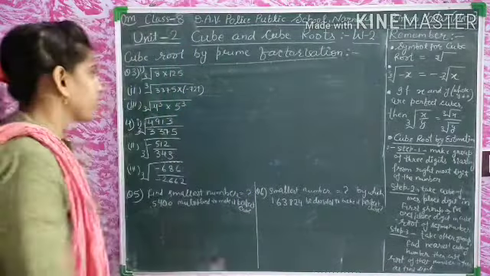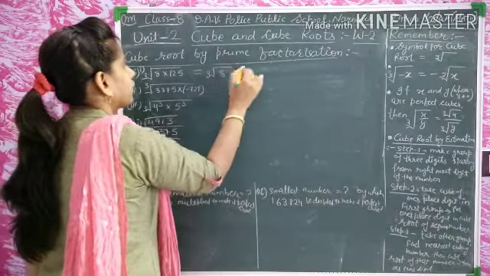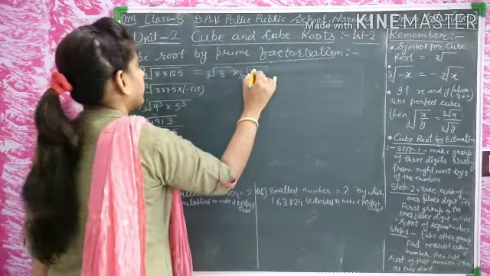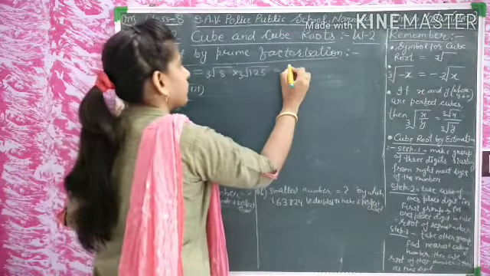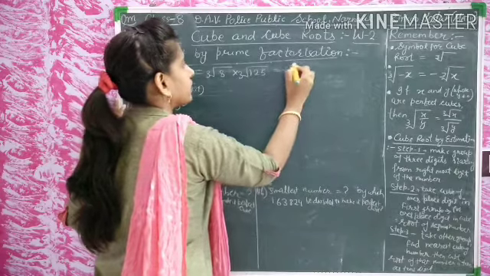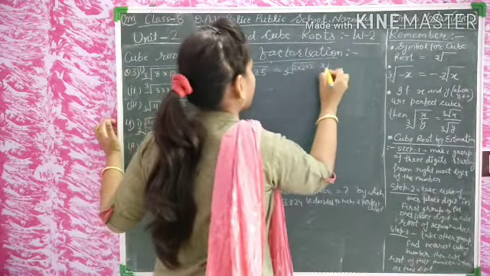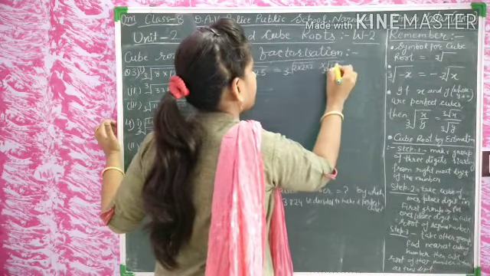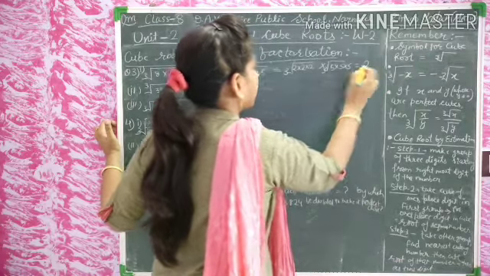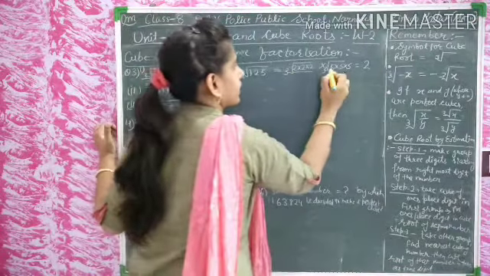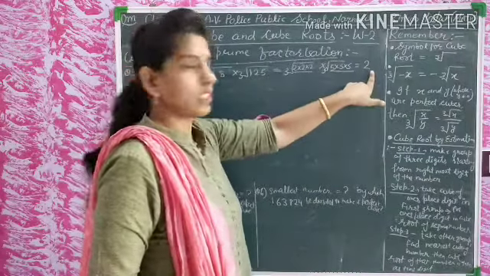So we are solving here the cube root of 8 into the cube root of 125. The cube root of 8 is equal to 2 into 2 into 2, and the cube root of 125 is equal to the cube root of 5 into 5 into 5, and that equals taking the triplet here, from one triplet the cube root is 2 here.